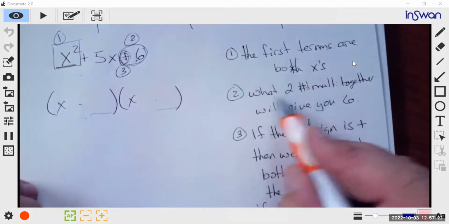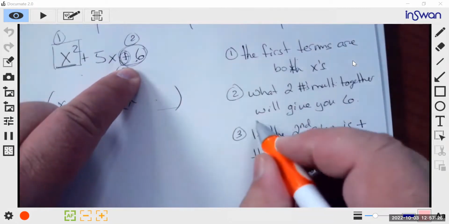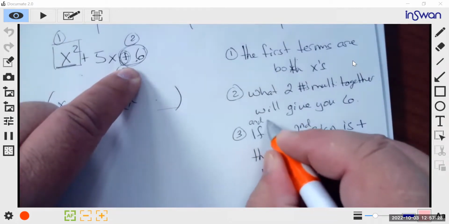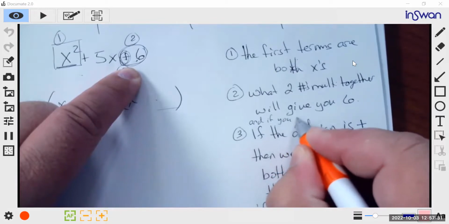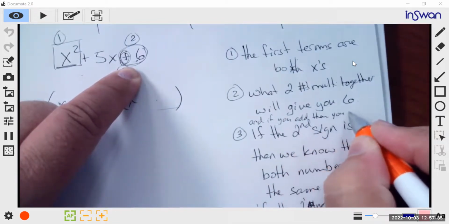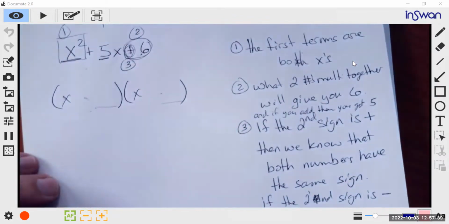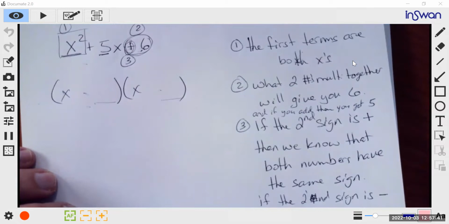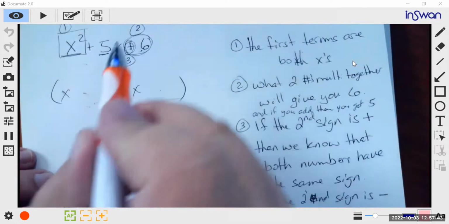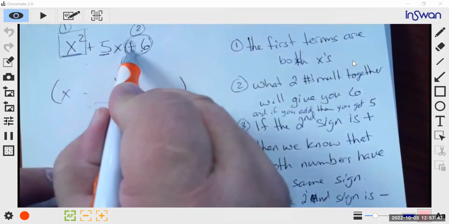So let's see this. What 2 numbers, when you multiply together, give you the 6? And if you add them, you get the middle term. So what times what equals 6? We know the first terms have to be x's, right? What does this tell us about the signs?